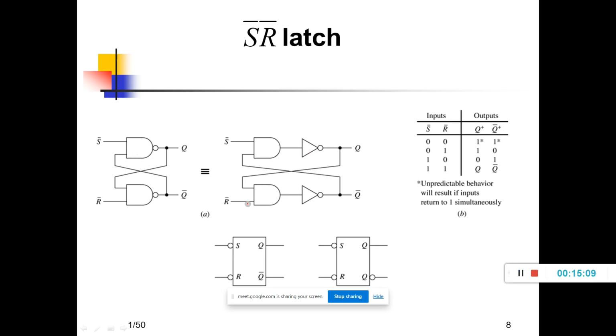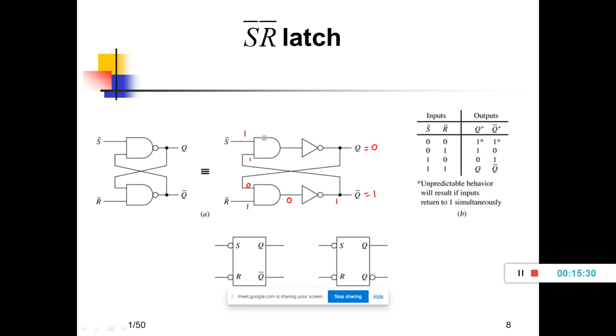First I will give 1 here, 1. So suppose I assume Q is 0 and Q bar is 1. Okay, this 1 is connected here and this 0 is connected here. 1 and 0 is 0 here, we'll get 1 here.